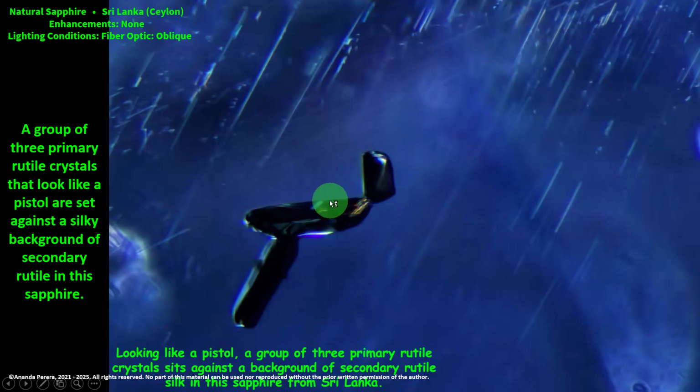Look at this also. Here the lighting condition is fiber optic oblique. Sri Lankan sapphire. A group of three primary rutile crystals, 1, 2, 3. These three primary rutile crystals that look like a pistol are set against a silky background.